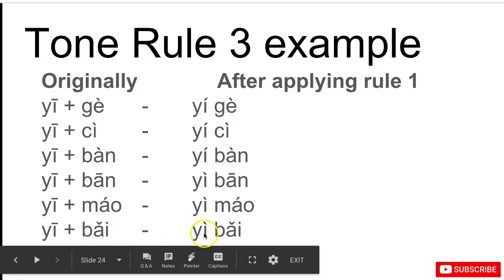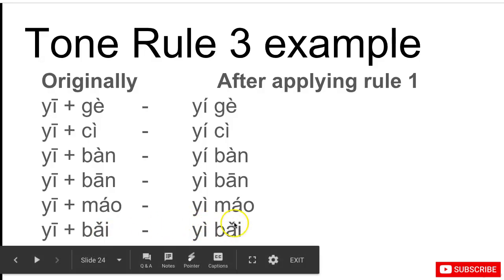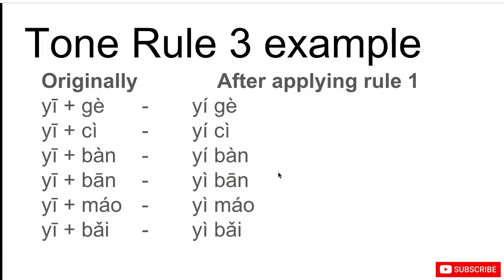And then this one will sound like, remember that the way we pronounce the third tone is dipping. So this word will sound like yi bai, yi bai. So let's go three times each. And like I said, don't worry about all this. It's good that I just tell you the rules, but as we practice further, as we start seeing the meaning of these words, it will start connecting.